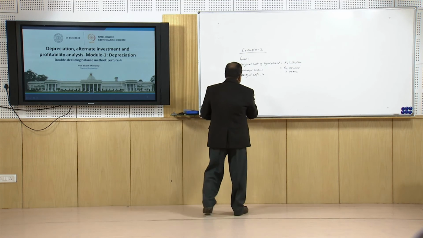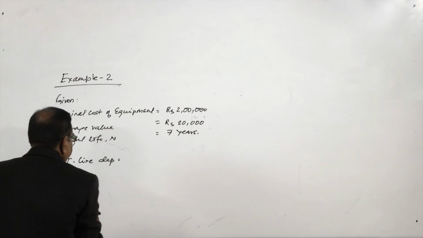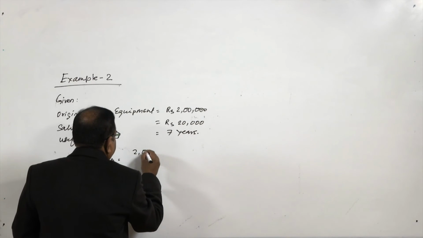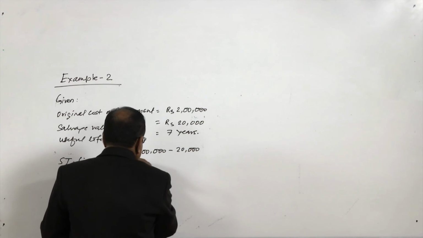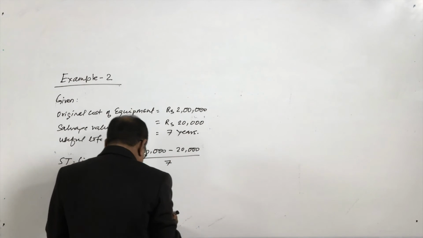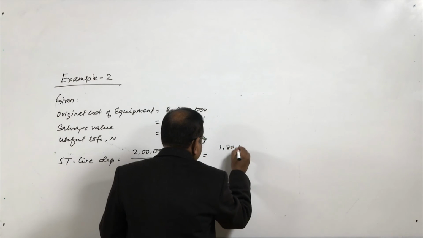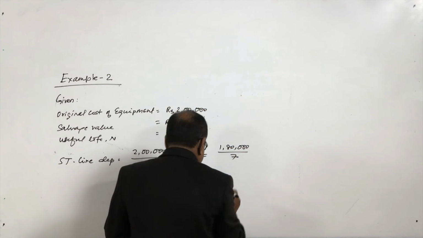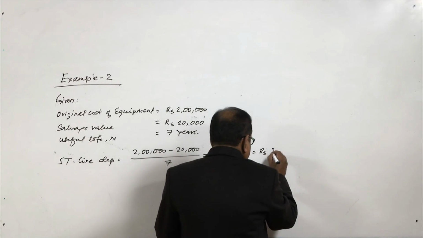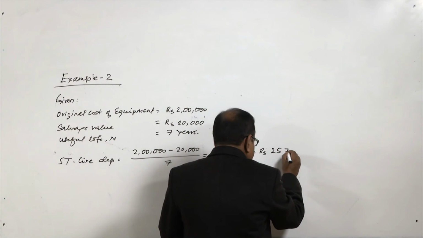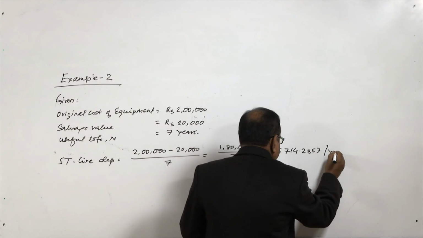So, using straight line depreciation will be 2 lakh minus 20,000 divided by 7. So, this is nothing but 1,80,000 divided by 7. This comes out to be rupees 25,714.2857 per year.